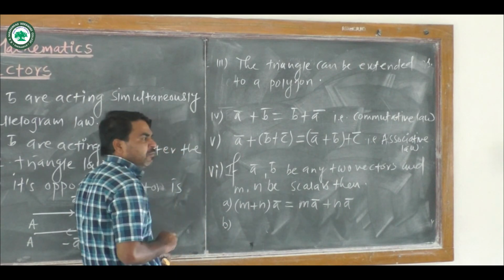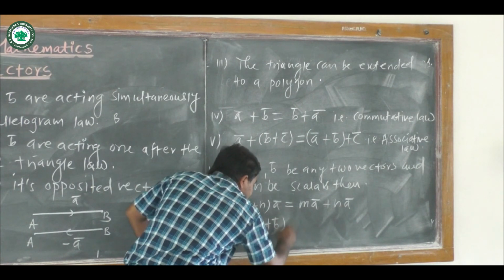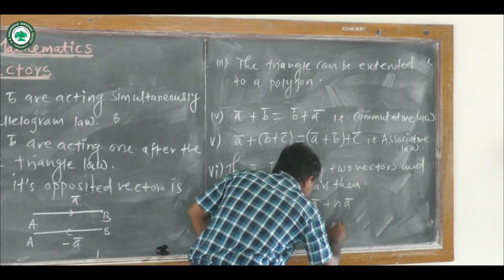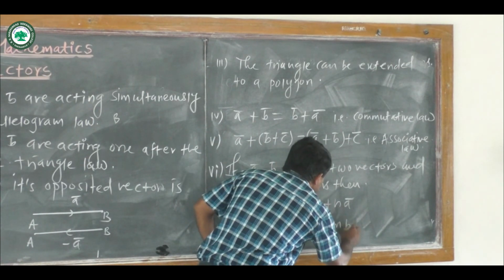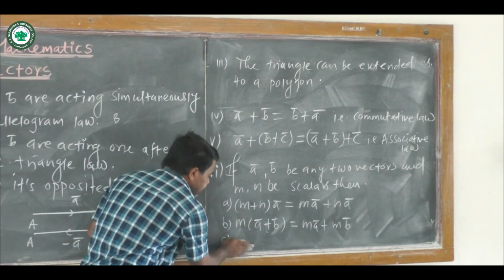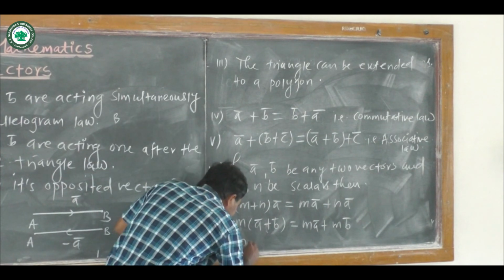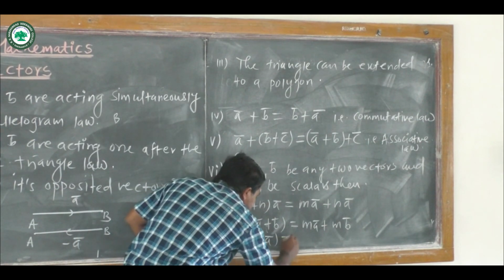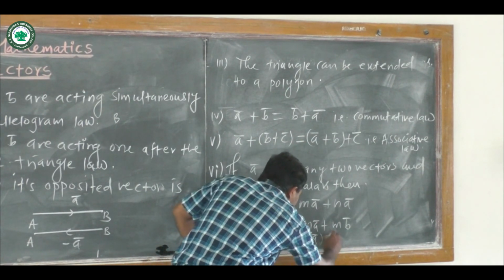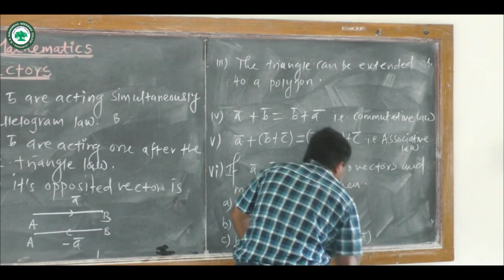Second one: m into A bar plus B bar is equal to m into A bar plus m into B bar. Third one: m into n into A bar is equal to mn into A bar is equal to n into m into A bar.